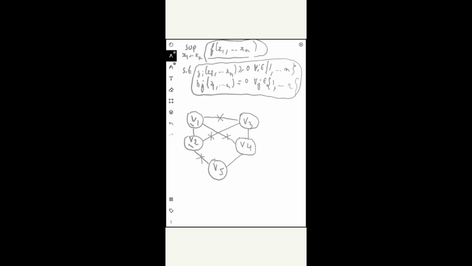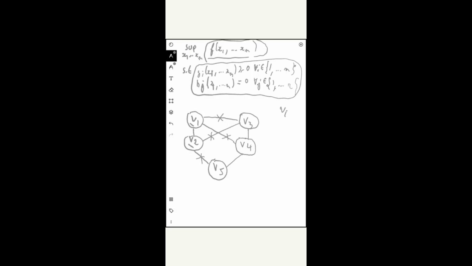The fact is, we just did this graphically, but how can we write it with mathematics and transform it into a polynomial optimization? There is a trick: for each vi, at each i, we can associate a variable xi.